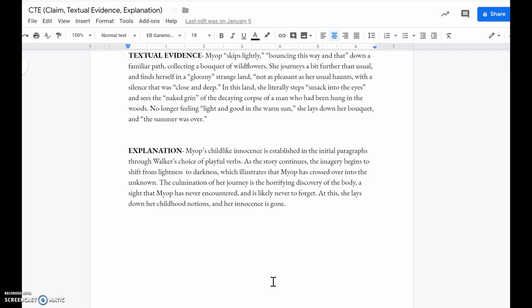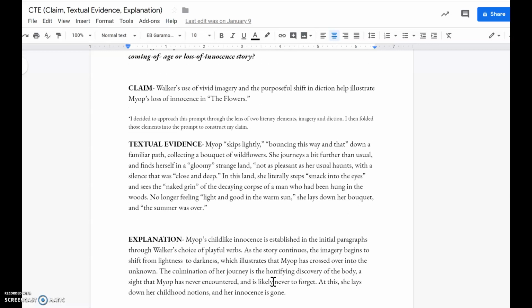The culmination of her journey is the horrifying discovery of the body, a sight that Myop has never encountered and is likely never to forget. At this, she lays down her childhood notions and her innocence is gone. Okay, so I have proved that the use of the imagery and the diction help illustrate her loss of innocence.